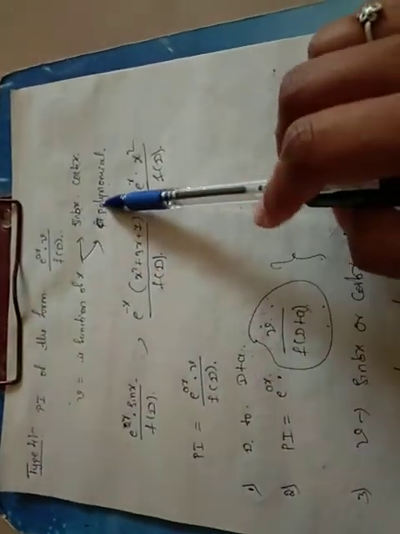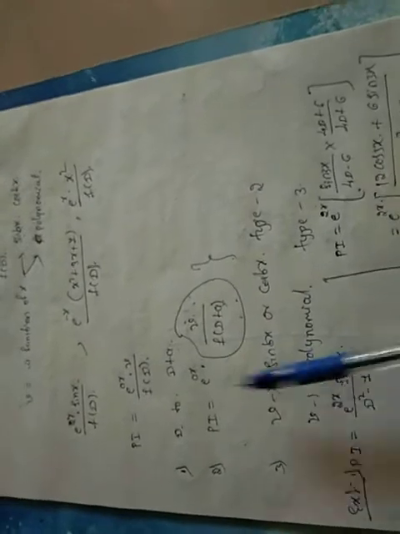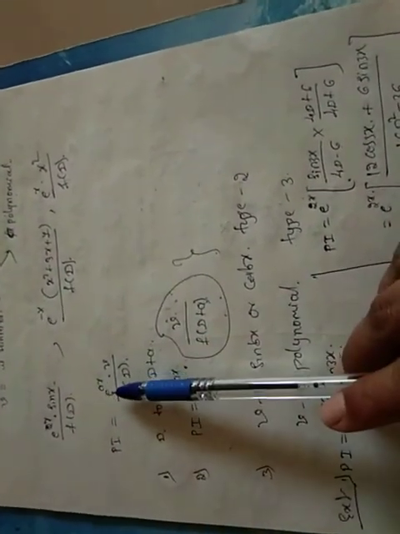So you just have to remember that it is the e raised to ax into v form, where v is either a polynomial or else a sine or cos function. In that kind of example, you start the procedure by shifting D to D plus a, where a is the coefficient of x in the power of e.